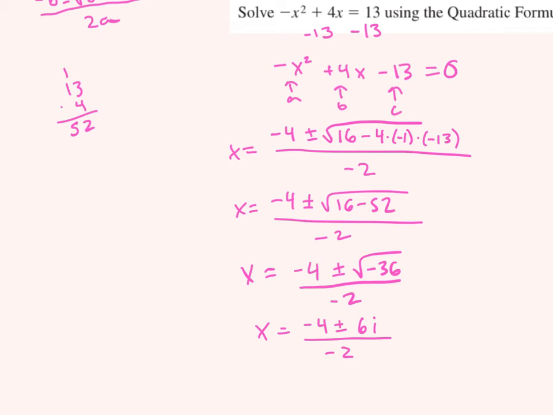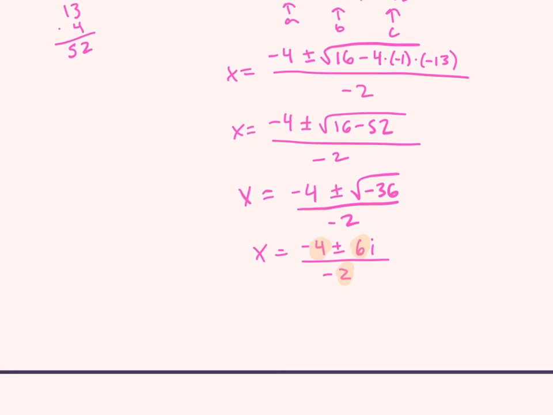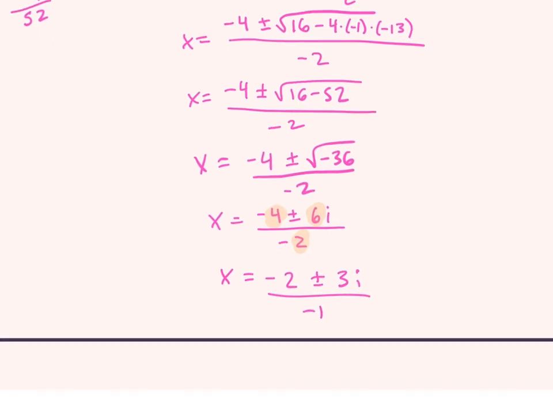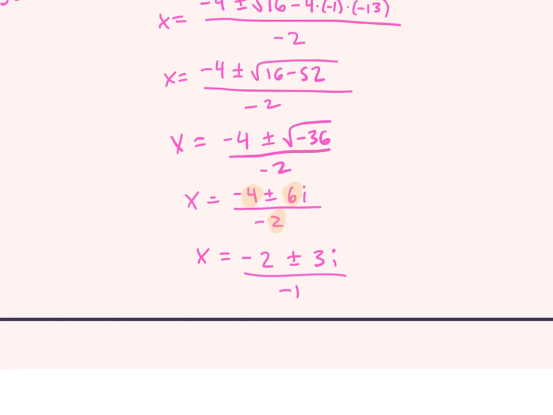And now we see that all of our numbers here are divisible by 2, so we can simplify one step further. So this is x is equal to negative 2 plus or minus 3i over negative 1, which we want to get rid of that negative 1 also, so we can divide everything by negative 1.